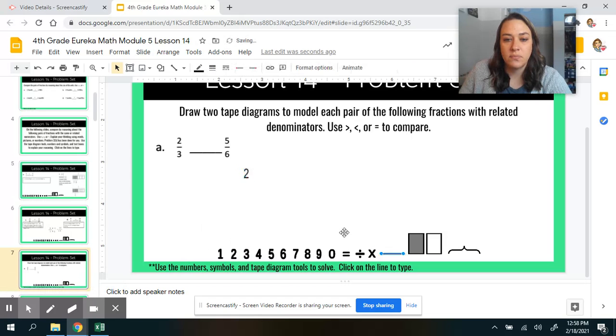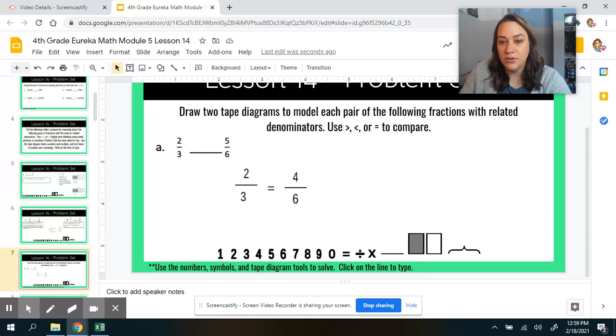So 2/3 is equal to how many 6ths? Well, 3 times 2 gives me 6. 2 times 2 gives me 4. So if 2/3 is equal to 4/6, then we can look at that a little bit easier and say, well, let's think of this as 4/6 and 5/6.